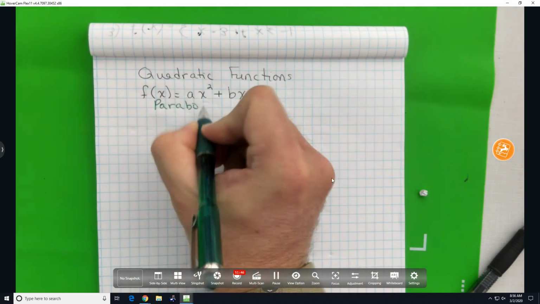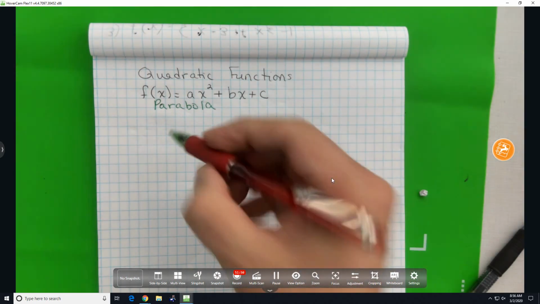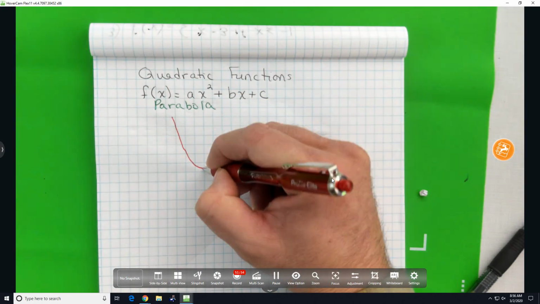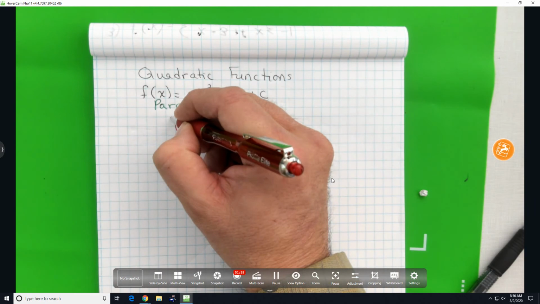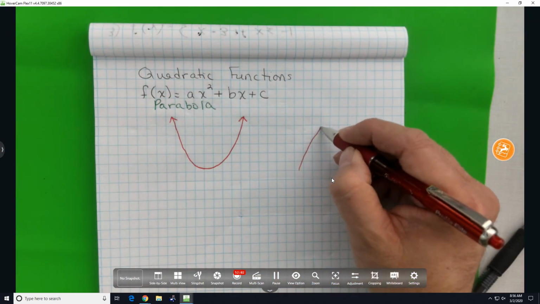Just like the graph of a linear function is called a line, the graph of a quadratic function is called a parabola. A parabola is a U-shaped figure that'll open either upward or downward.